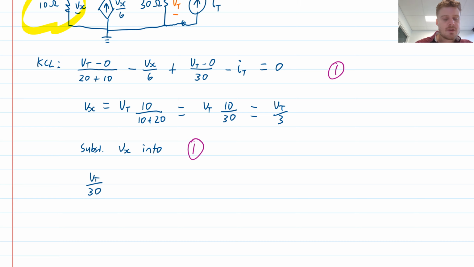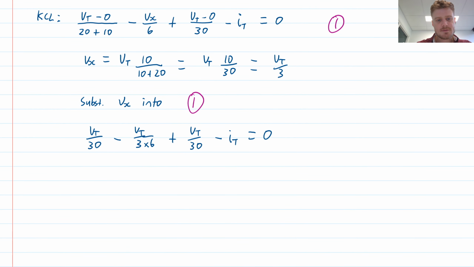Vt divided by 30, I'm just cleaning up a little bit as I go, minus Vx, so Vx was Vt over 3, and all of that is also multiplied by 6, so it's 3 times 6, plus Vt divided by 30 minus It is equal to 0.